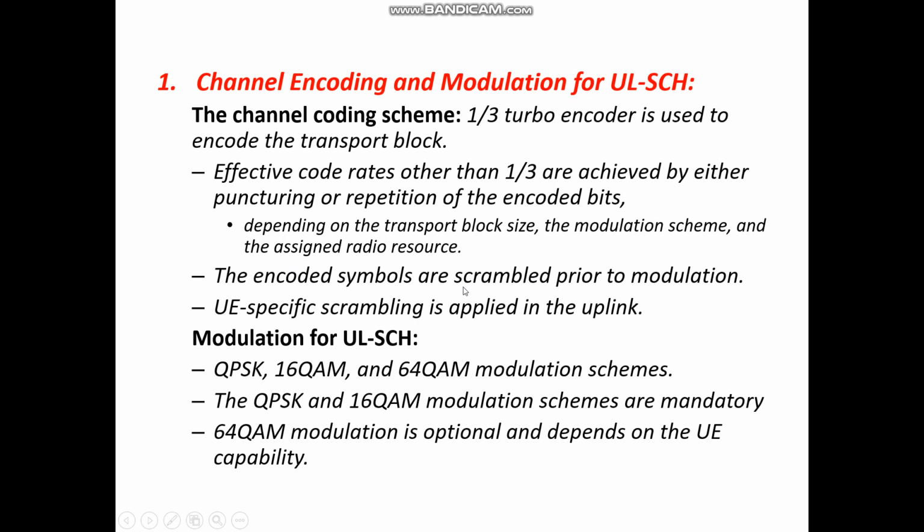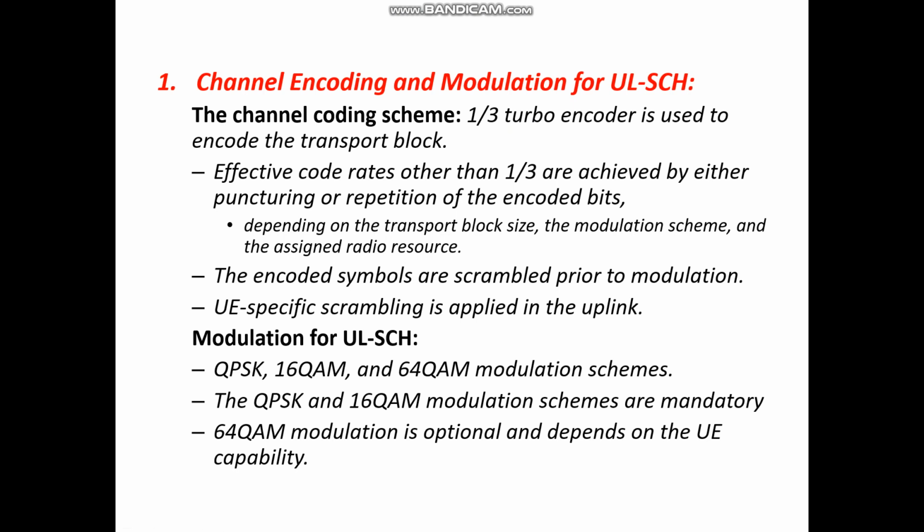As I have already discussed about scrambling, scrambling is a process where we are going to change the electrical nature of the signal so as to have desired power spectrum density properties, that is autocorrelation property or the DC offset levels. Okay, next is user equipment specific scrambling is applied in the uplink.